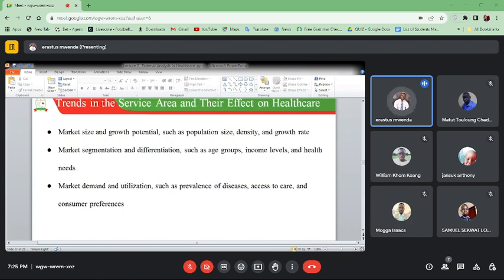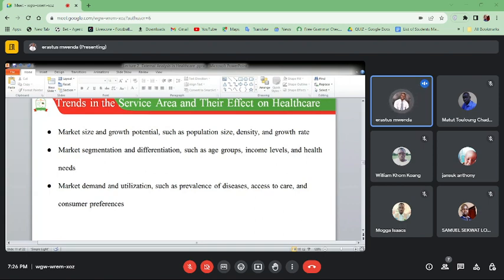Now we have trends in the service area and their effects on healthcare. When you talk about service area, it's all about the geographical region or community that a healthcare organization serves. These trends in the service area are going to affect how healthcare is delivered, and they are going to influence healthcare needs.